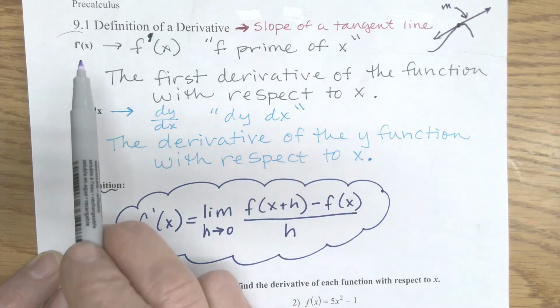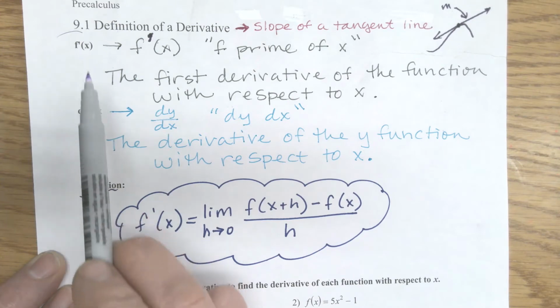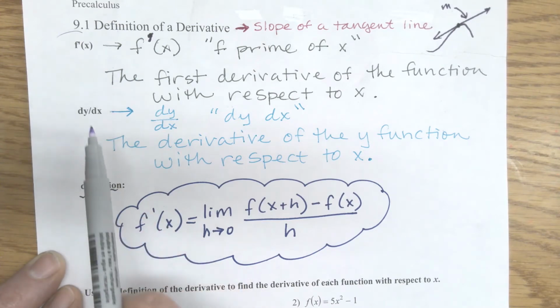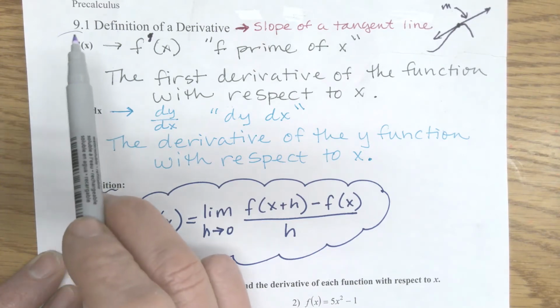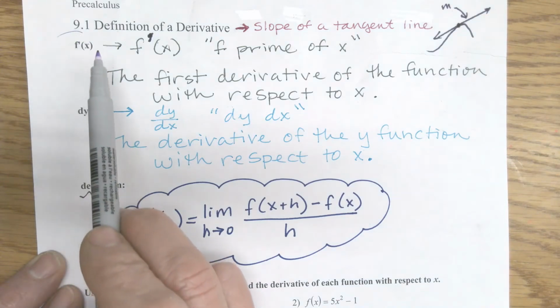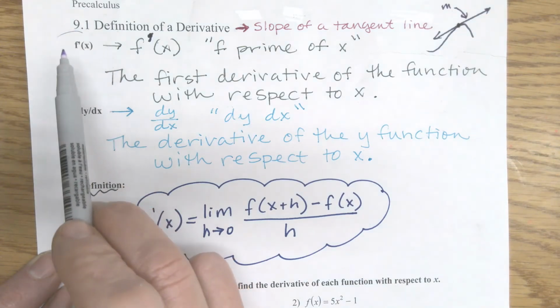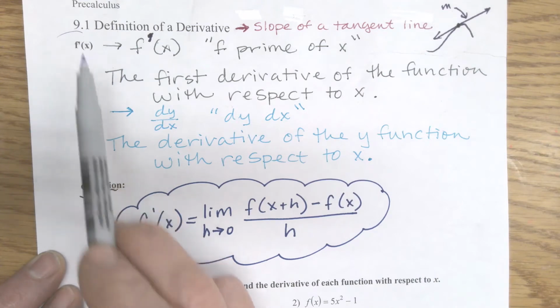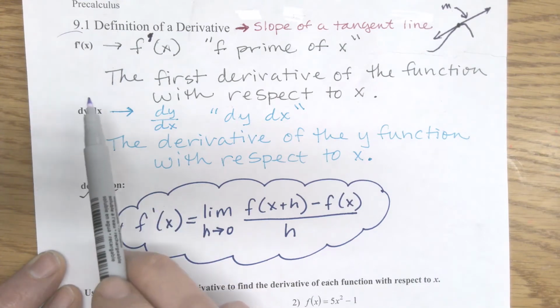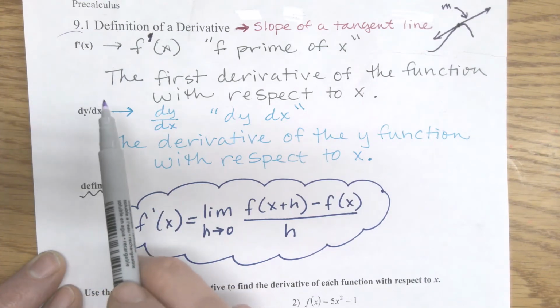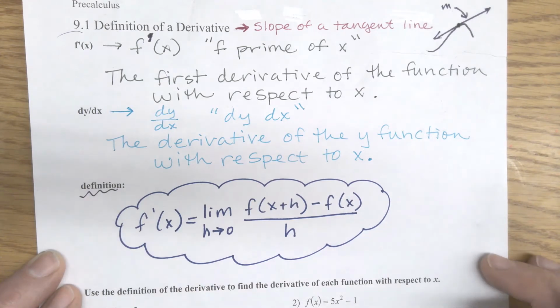You can use either one interchangeably. Typically, with the definition of the derivative, we'll work with f prime of x. But oftentimes you'll see dy dx, especially when we get into the shortcuts, which comes next.